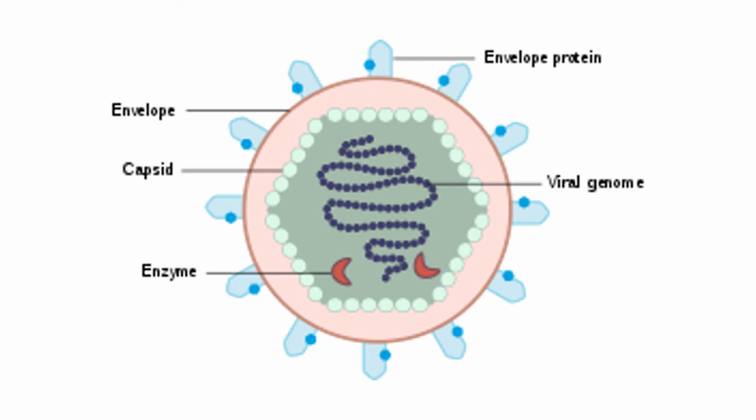Here's some more. Capsid, the envelope. We'll talk about these later on. These are called viral spikes. It says envelope protein, but a lot of times we use the term viral spike. We'll talk about that later.